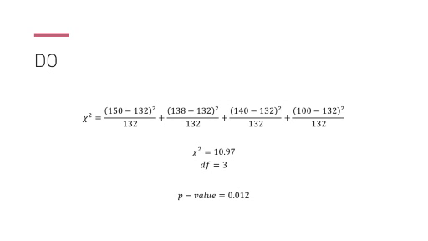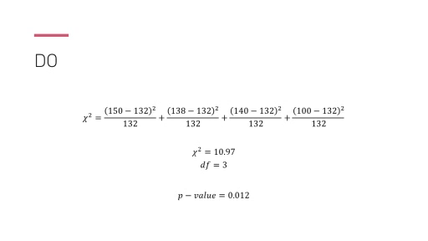Then you go to the next one, 138 minus 132 squared all over 132, and then 140, and so forth. You do it for every single category. Now, I know what you're thinking, this is going to take forever if I have about 8 categories, and that's true, but your calculator can make this a lot quicker and easier, and we'll talk about how to do it on the calculator, so don't worry about that.